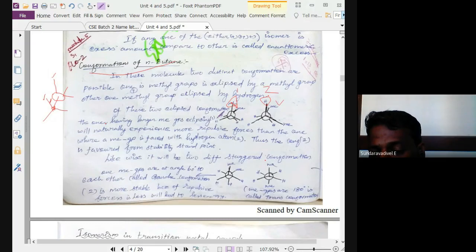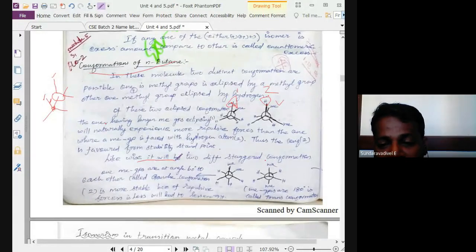Okay, this is the explanation only for the eclipsed molecule. So now likewise, there will be two different staggered conformations. So what is a staggered conformation? Eclipsed conformation means you do not see the backside carbon atoms.